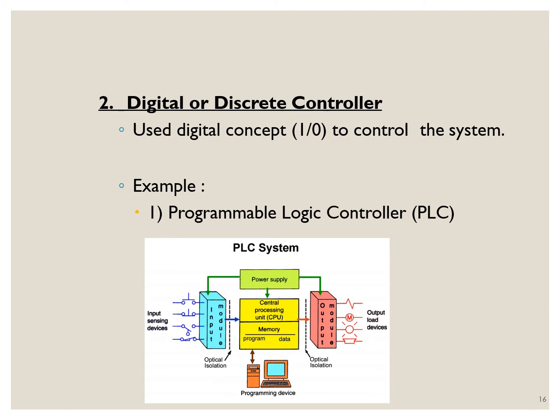Next is digital or discrete controller. It uses digital concept to control the system. An example of this digital controller is the programmable logic controller, which is PLC. Basically, the input here is the sensor signal.